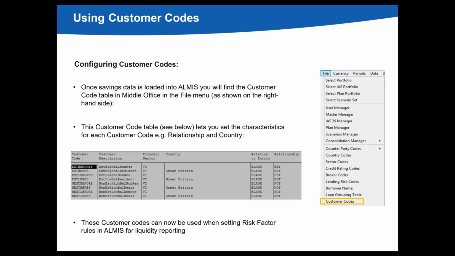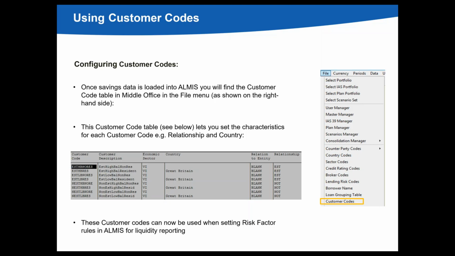Once your customer codes are populated into the system, there is a customer code table that's available from the file menu in middle office, as you can see on the right hand side of the screen. This lets you set the characteristics for the customer, for the group of customers, the customer type.